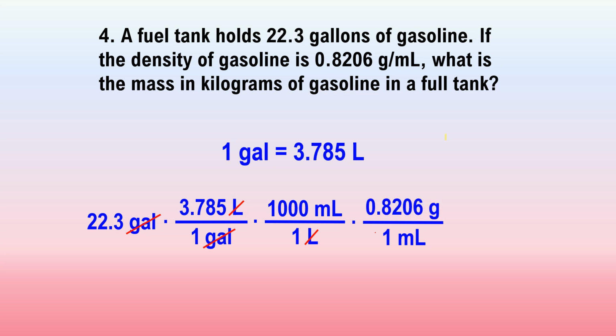And as we read, the question wants us to record the answer in kilograms. So we further go by converting the grams. Each kilogram equals 1,000 grams. So now we have the final answer in the units of kilograms.